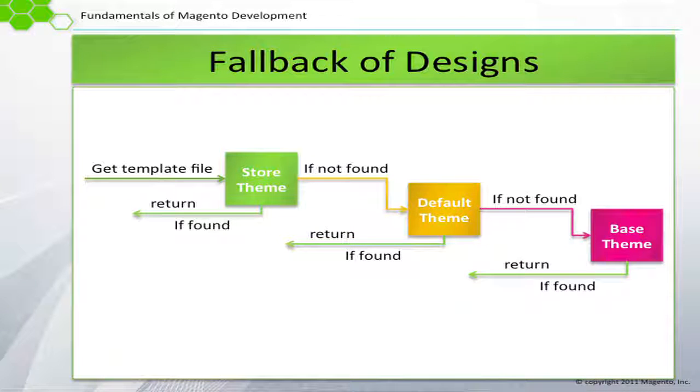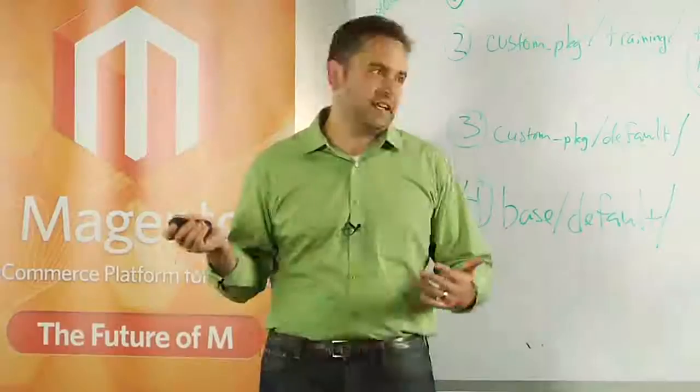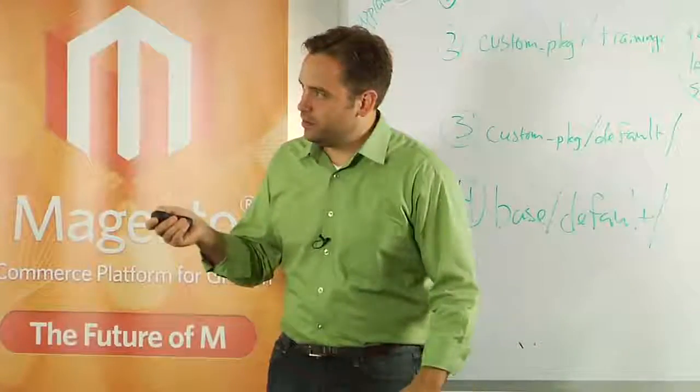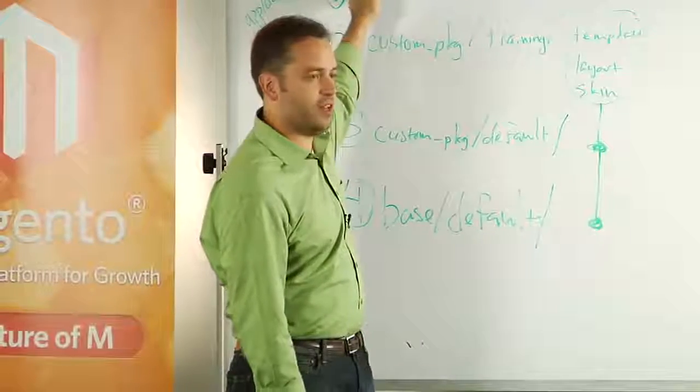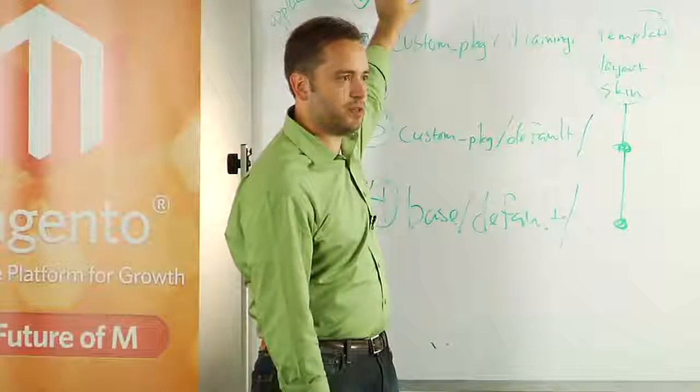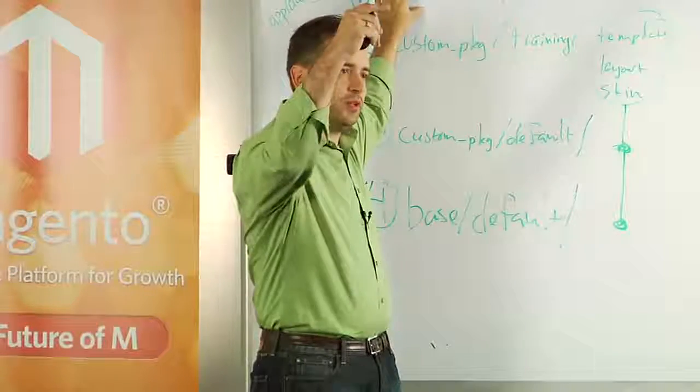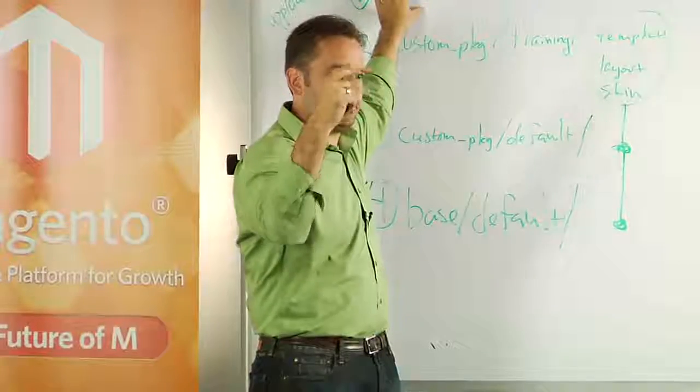So the store theme here, of course, again, we have these 2 layers where we're going to look. We can specify in the highest level of configuration, individually, template, layout, translation, skin.